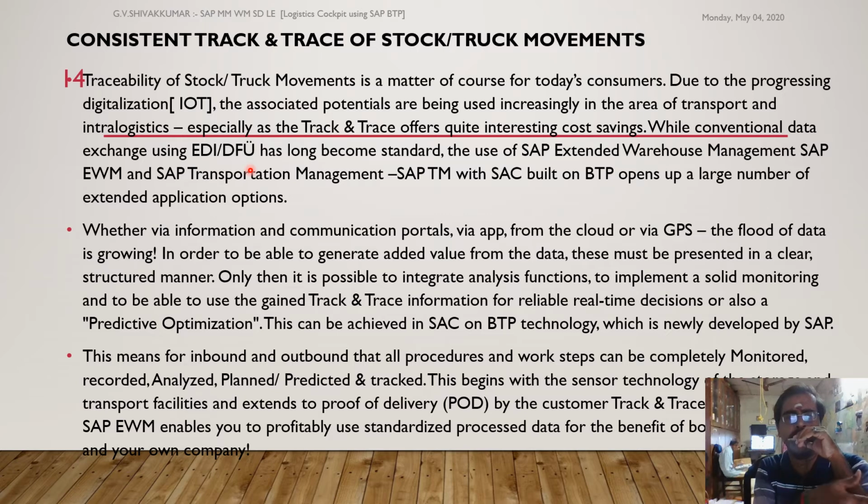You can get an update from the third party system or external system, but you cannot get the actual picture. What is the status? You cannot get predictive logistics, you cannot get an analytical logistics real time environment, right? So EDI and DFU has long become a standard. It can give only conventional data. It cannot give you an exact track and trace, cost saving measures which will not give.